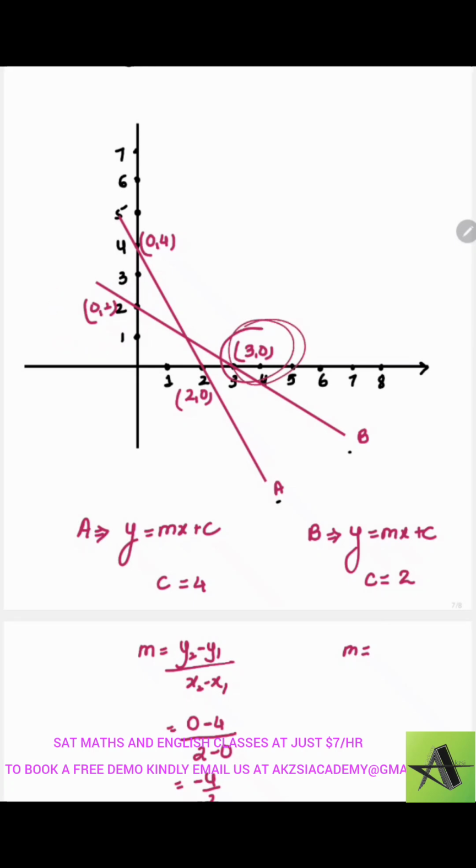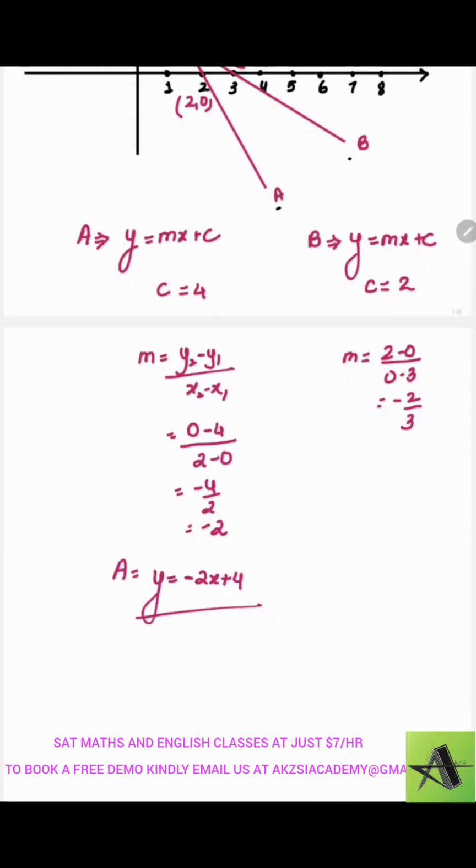Then y2 minus y1 is 2 minus 0 and x2 minus x1 would be 0 minus 3, and my answer is negative 2 over 3. So the y-intercept is 2 and the gradient is negative 2 over 3. I substitute these values and get y is equal to minus 2 over 3 x plus 2. This is my final equation.